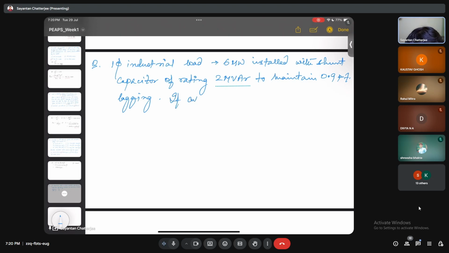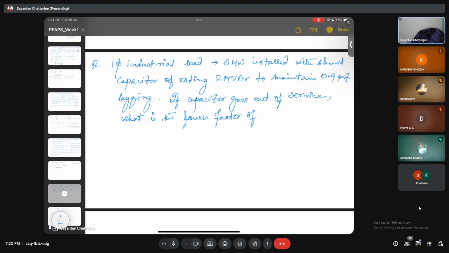If the capacitor goes out of service, what is the power factor of the industry?